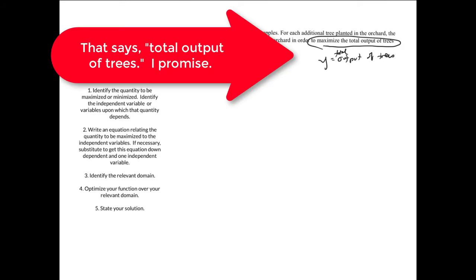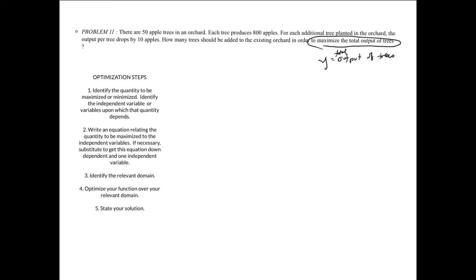And then it talks about how the thing that affects that output is how many trees you plant in addition to the trees that you would already have in the orchard. So I'm going to let my dependent variable be the number of additional trees planted.